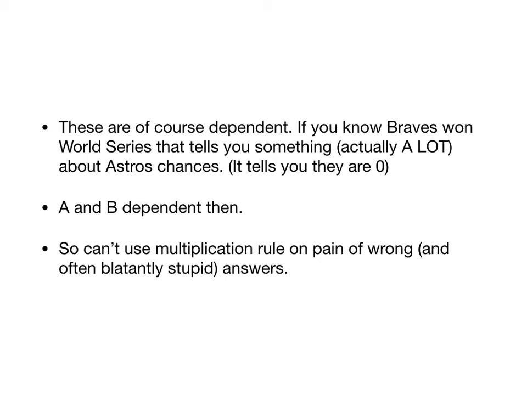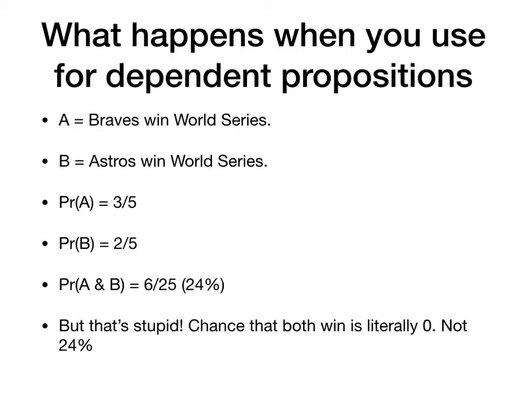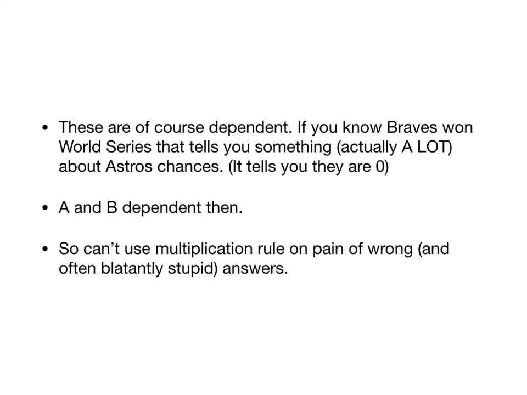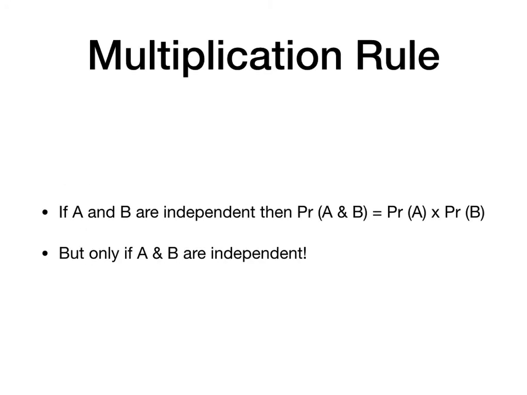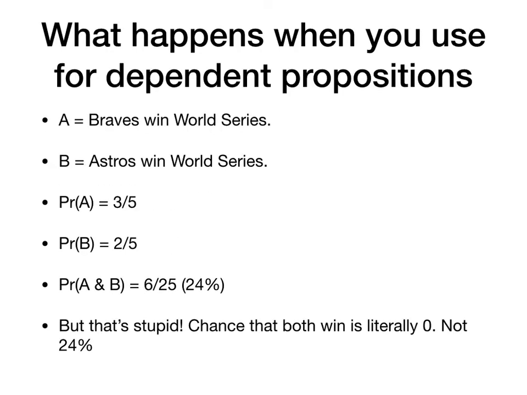If you knew the Astros lost, you would know the chances the Braves won is 100%. A and B are dependent, so you can't use the multiplication rule, or you will get blatantly stupid answers like a 24% chance both teams won the World Series. That happens because we are using the multiplication rule, which only works for independent statements, for dependent ones.